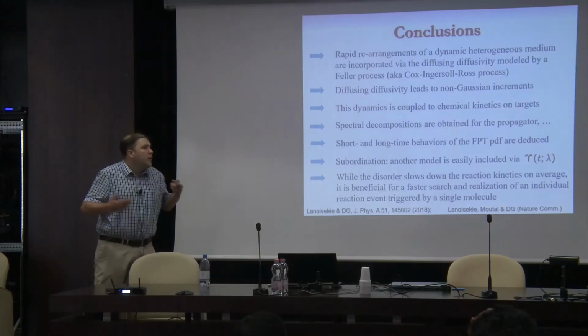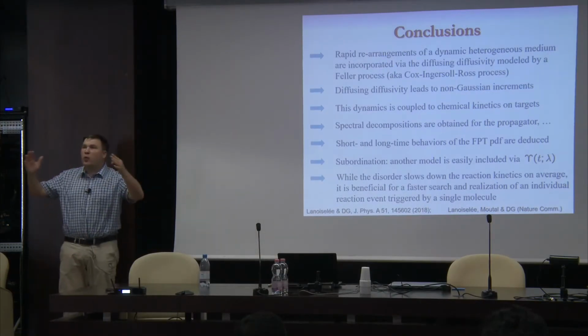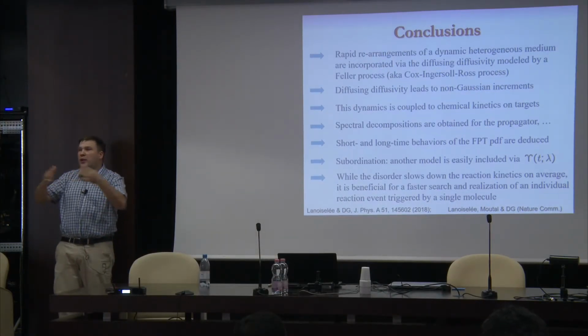So the disorder helps some realizations, which can lead to a faster realization of your process. To some extent, you can see that the distribution becomes wider, with the most probable value shifted to shorter times.